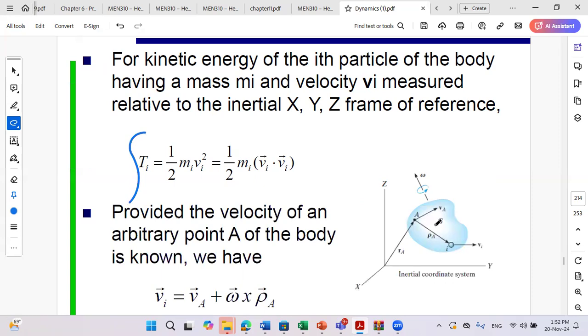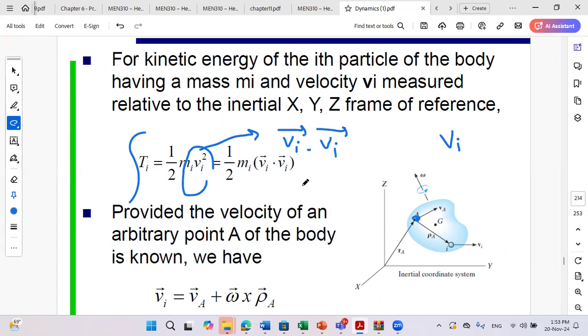Each particle is characterized by a certain velocity vi, and you know that the elementary kinetic energy is half mi vi squared. Now, in 3D, we deal with vectors. Because we deal with vectors, whenever we want to perform integration, we'll try to transform this to a vector form. And you know that vi magnitude squared can be written as the vi vector dot product vi vector.